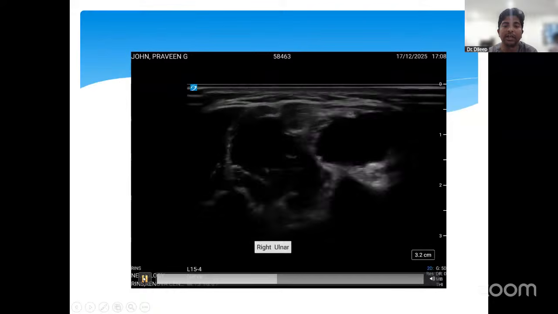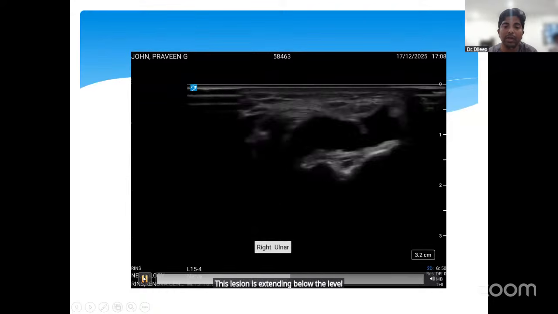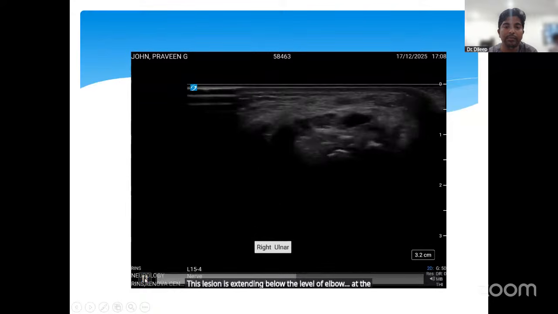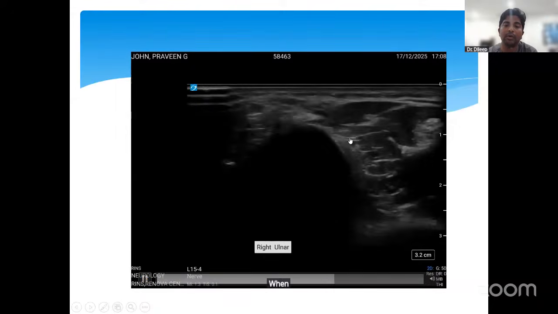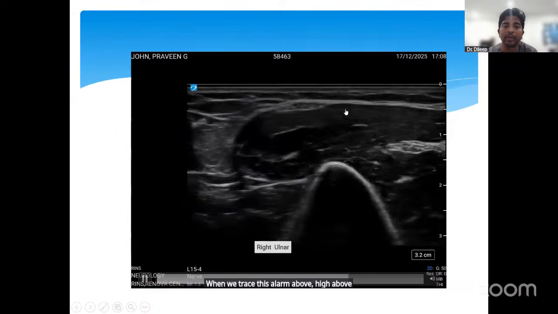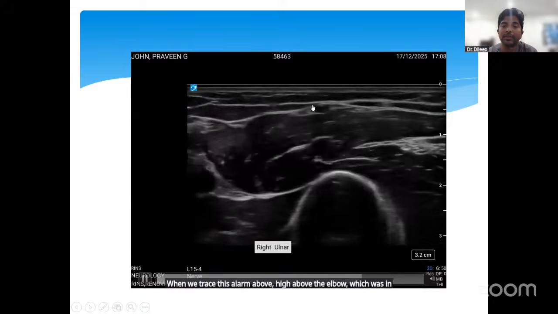This lesion is extending below the level of elbow to the level of elbow. Above the level of elbow, the ulnar nerve was normal. When we trace this ulnar nerve high above the elbow, it was in the normal range.